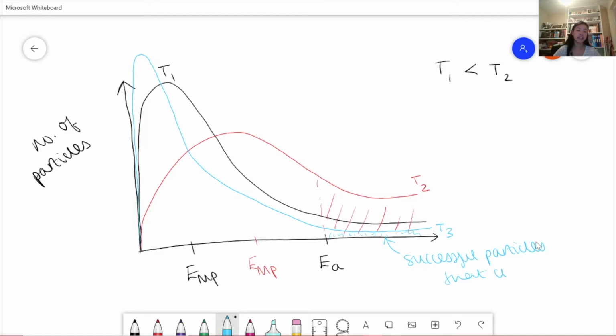So these are the only ones that can actually react. And so this most probable energy is then decreased as well. So lots more of the particles actually don't have the activation energy required. And so we have that T3 is smaller than T1.